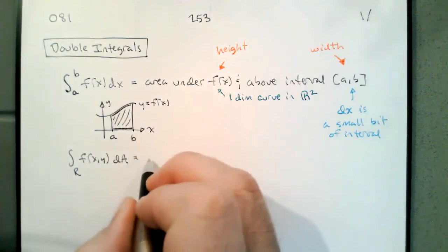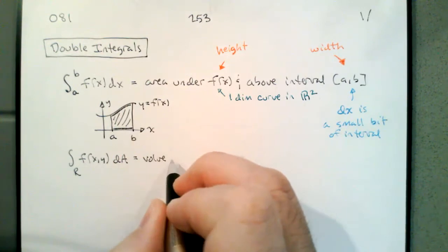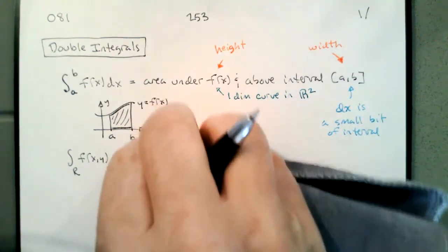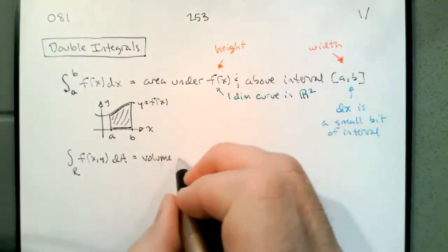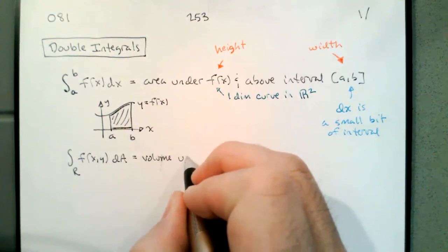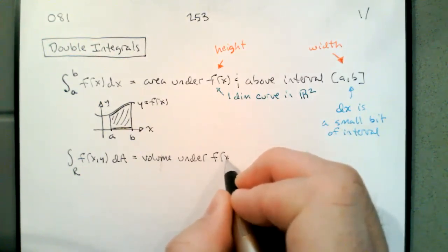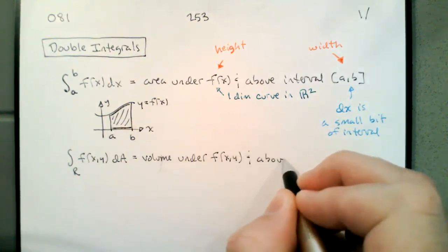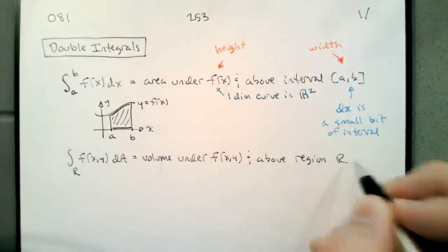So this is going to be the volume under the surface and above a region R.